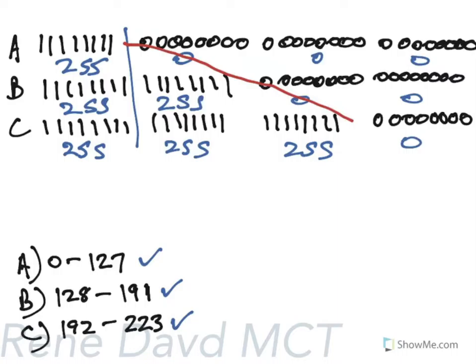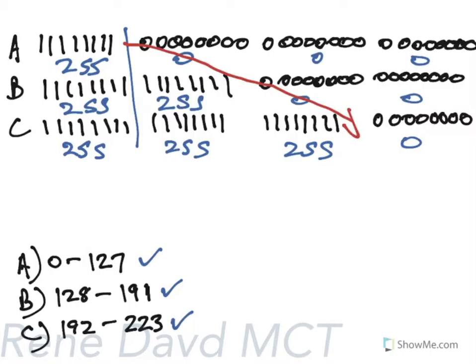And in class C, the first, second, and third octets are all ones, which gives us 255.255.255.0. So you can see that the number of network bits, the number of ones, increases as you go from class A to class B to class C, and the number of host bits, which are your zeros, decreases as you go from class A to class B to class C.